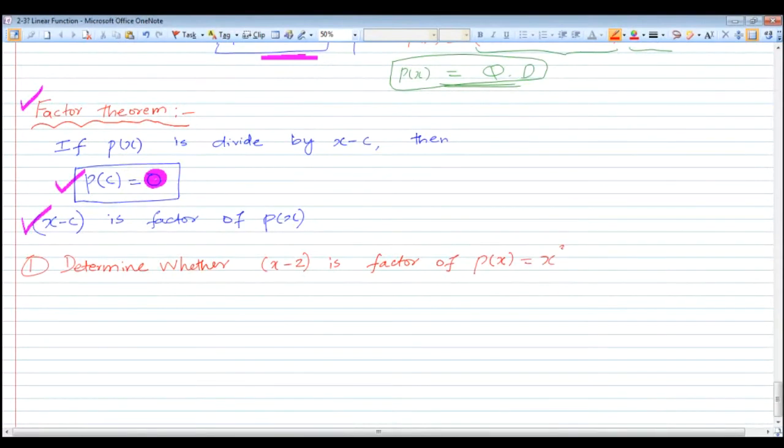X power 3 plus x square plus x minus 14. Okay, I have to check whether it is a factor or not.